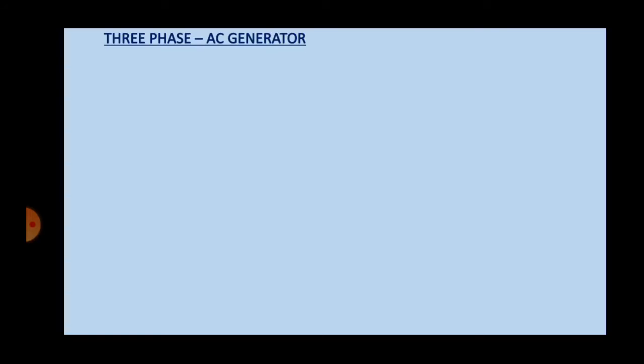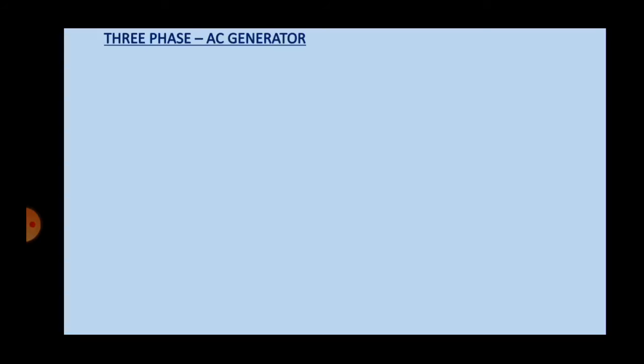These are called polyphase generators. Sometimes we can take two armature coils. If two alternating EMFs are produced in a generator, it is called a two-phase generator. In another form of AC generator, there are three separate coils which give three separate EMFs. Hence, they are called three-phase AC generators.